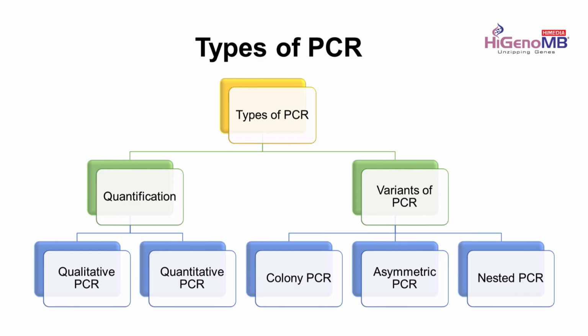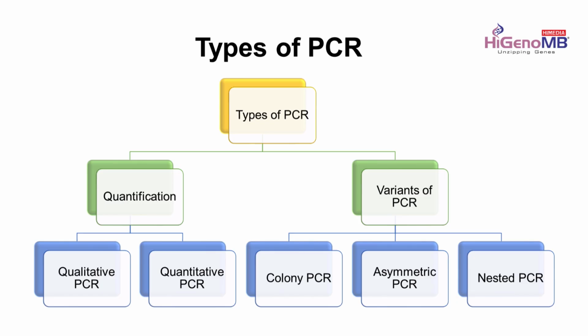The next variant of PCR is called nested PCR. Here we use two sets of primers. We use an external set of primers and carry out a few cycles of PCR, meaning 1 to 10 or 1 to 20 cycles, where you have a longer strand synthesis happening.